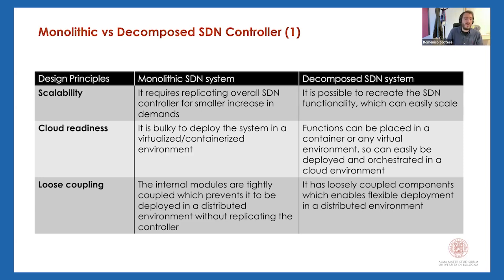For cloud, of course, you can virtualize, you can containerize a whole monolithic SDN system, but it's very bulky, okay? For instance, ONOS is almost 1 or 2 gigabytes of code, so you have to containerize or virtualize the whole system. For a decomposed SDN system, you can have a different piece of SDN functionality that you can put in a virtual machine or in a container. It's just a small piece of software.